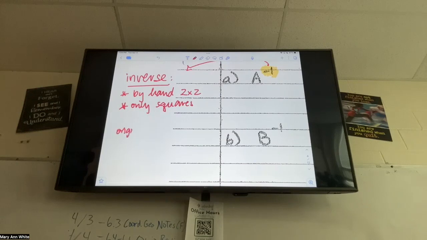So just like last time, let me give us an original matrix, A, B, C, D. The inverse is when we do 1 over the determinant times a scrambled matrix.